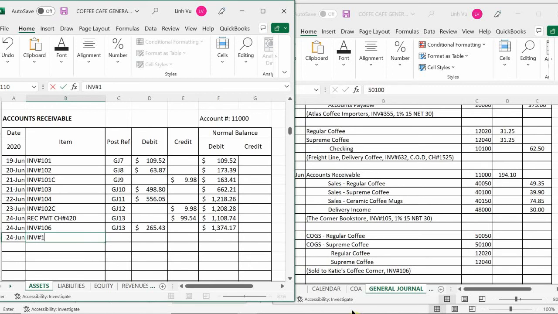Invoice number 105. Invoice 105. 194.10.